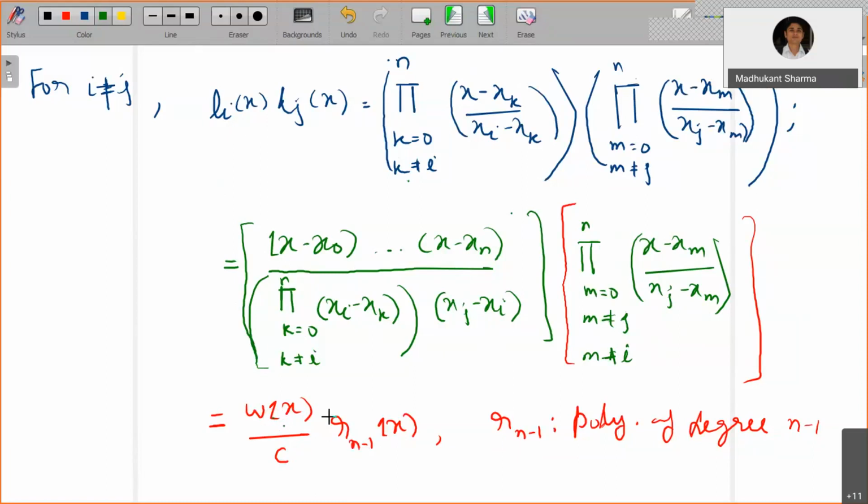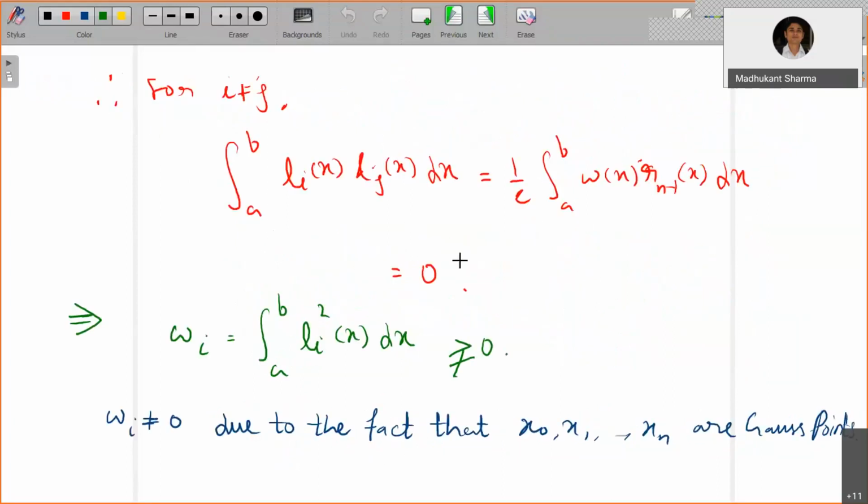So it is orthogonal to any polynomial of degree less than or equal to n minus 1 as well. That establishes our proof that the integration from a to b of li of x times lj of x dx is 0 whenever i is not equal to j.